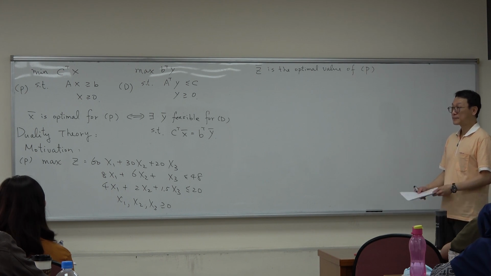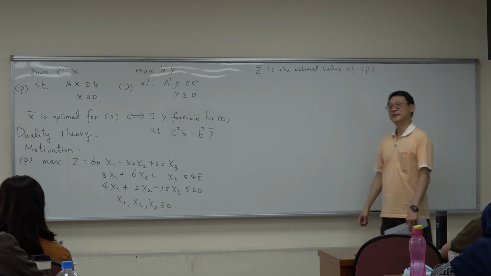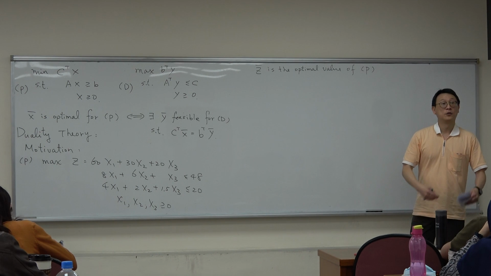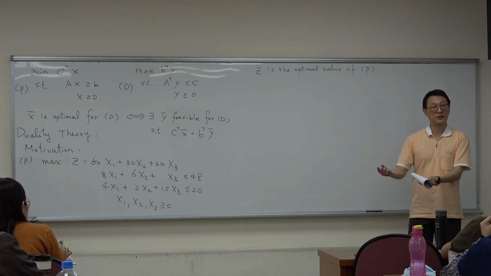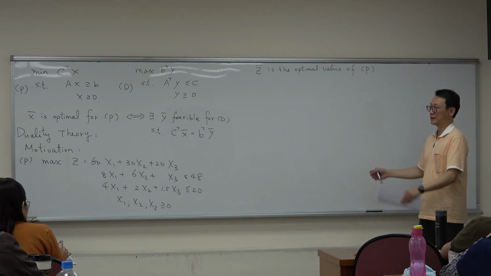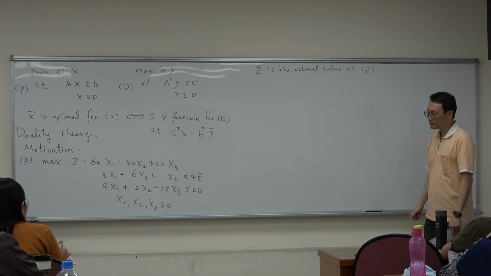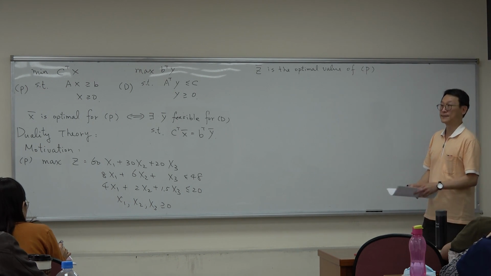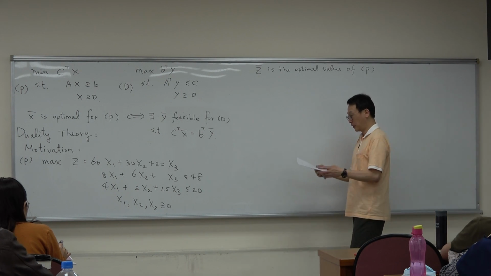The motivation for duality theory is that when we work with the simplex method, it's a cool way to find the optimal solution. But if the problem is too huge, the simplex method sometimes takes a lot of time. So someone will try to find another way. Okay, let's continue. Right now, we still don't have any idea.